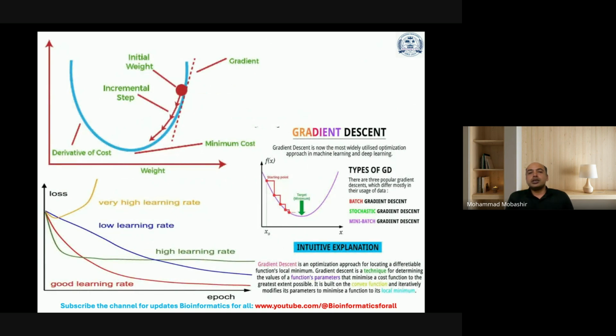But to understand these minima, when you are discussing gradient, you need to understand some of the figures. For example, here at top left, it is showing the initial weight, incremental steps, derivative of cost, and minimum cost.